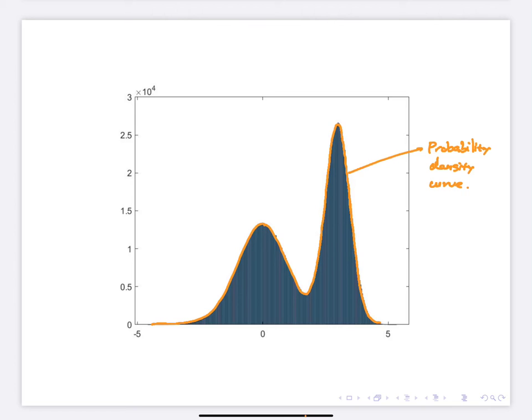So let's give a formal definition of the probability density curve.